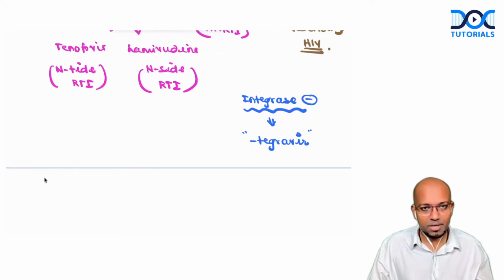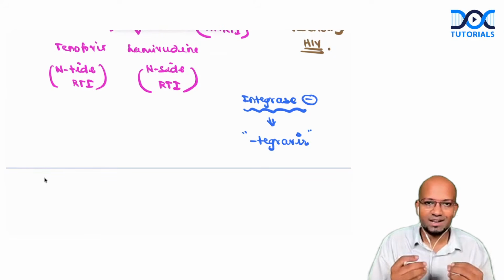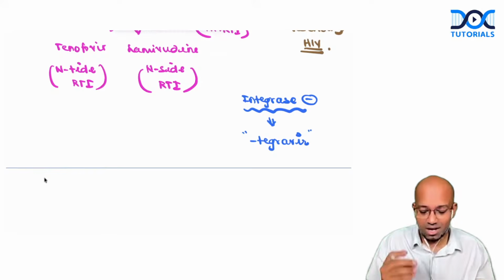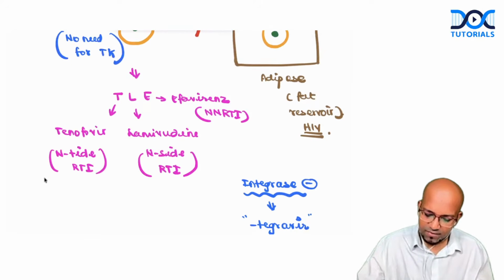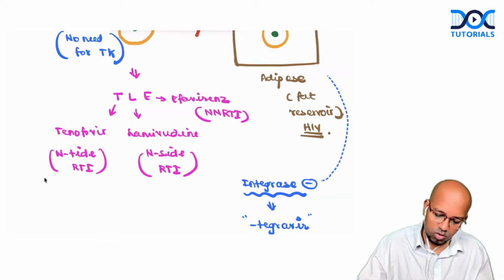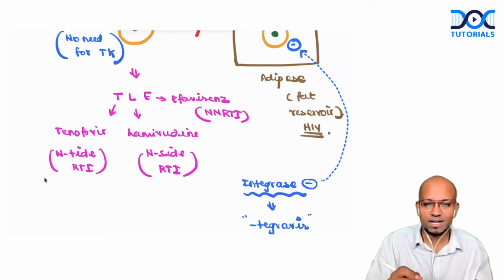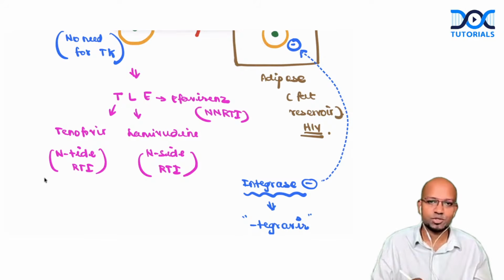This integrase inhibitor has a very high penetrative capacity, which means it is a highly lipid soluble agent. Now, these integrase inhibitors will be able to cross these barriers and gain entry into those cells, tending to inhibit those HIV, which is infecting those CD4 plus T cells inside the adipose tissue.